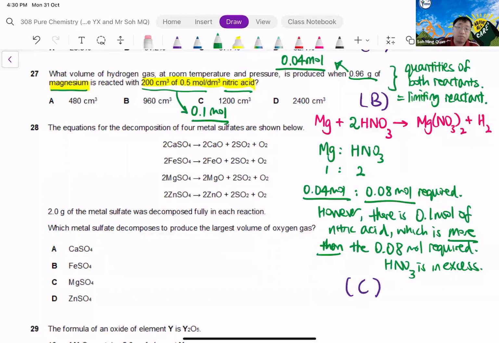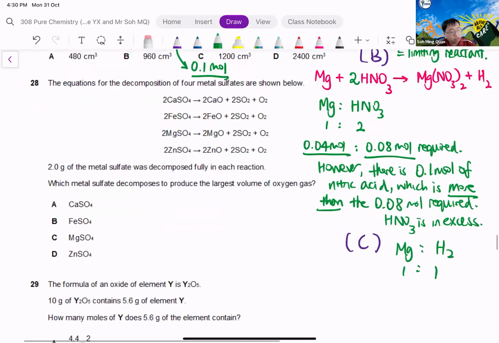Magnesium is the limiting reactant. All right. And so that gives us 0.04 moles of magnesium. Hydrogen is 1:1 ratio. 0.04 mole is to 0.04 mole. You convert this to volume by multiplying by 24. You get 960 cm³.